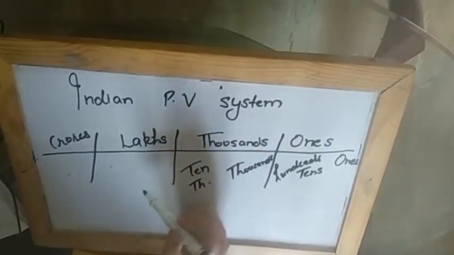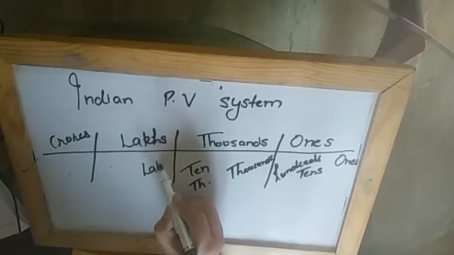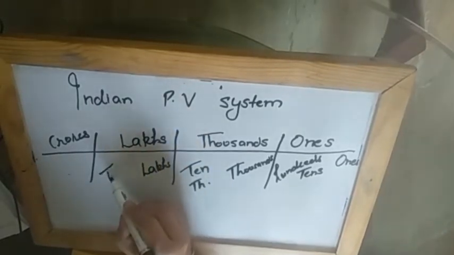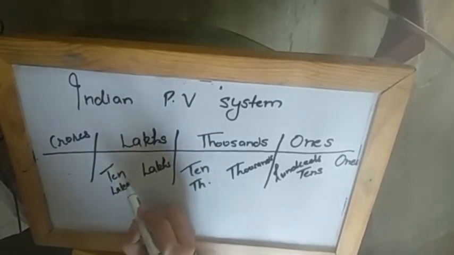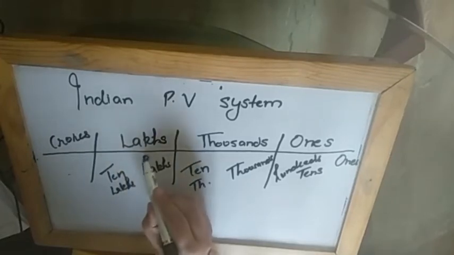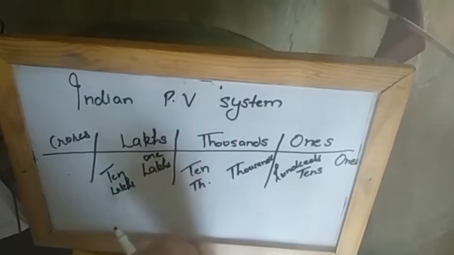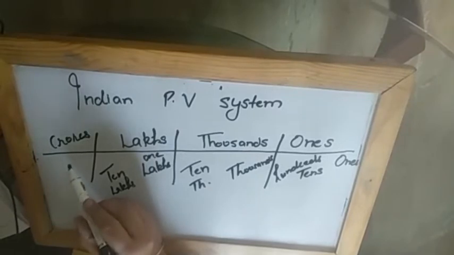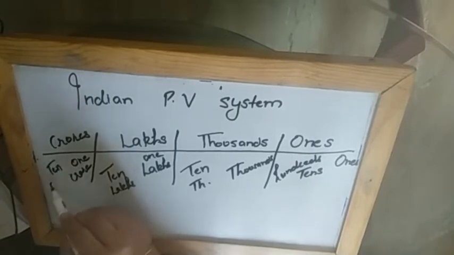And in the period lakhs, again we have 2 place values, lakhs and 10 lakhs, means 1 lakh and 10 lakhs. And again in crores, we have 2 place values, 1 crore and 10 crores.